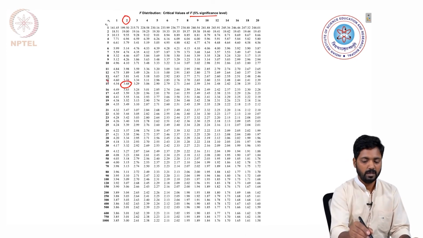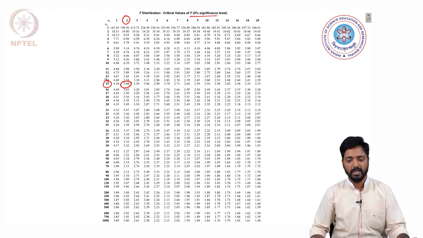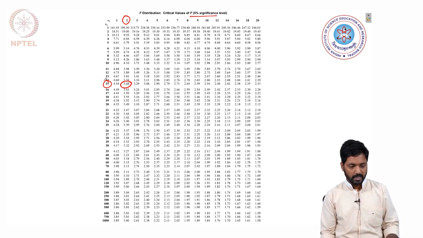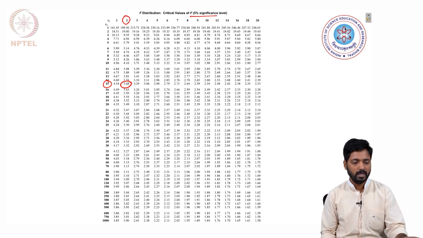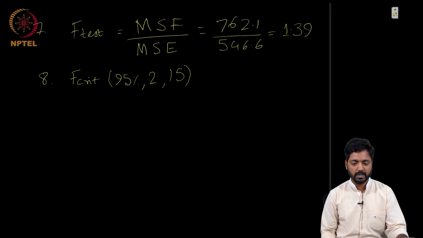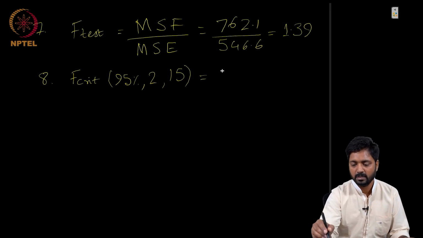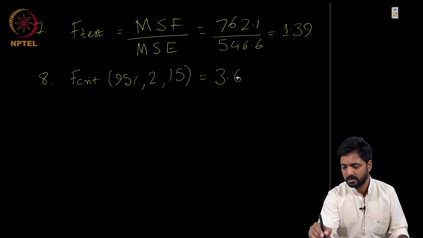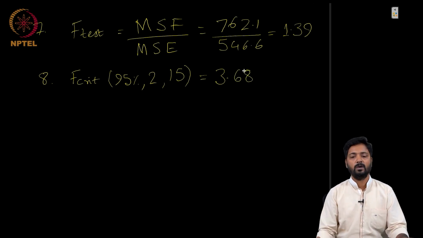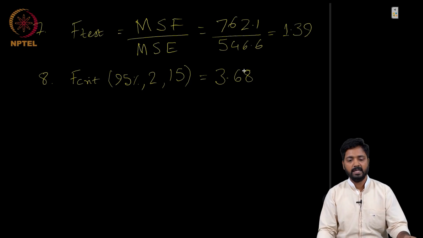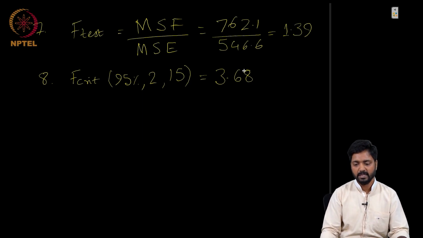That means our F critical value at 5% significance level will be 3.68, which is encircled now. So, let us go back to the board and put in the F critical value, which is 3.68.